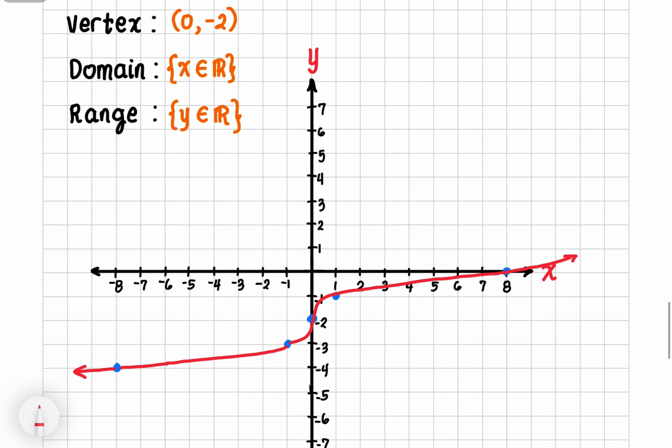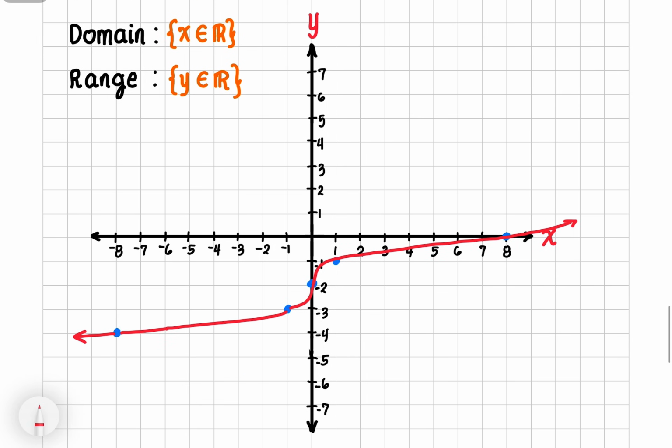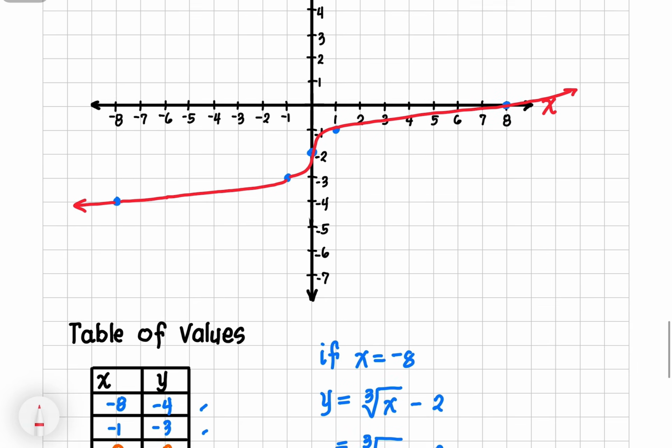Our graph starts from bottom left going to top right. That is how simple it is.